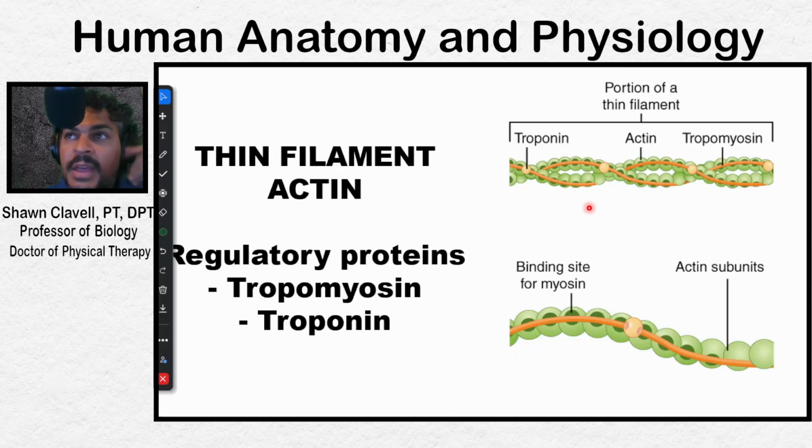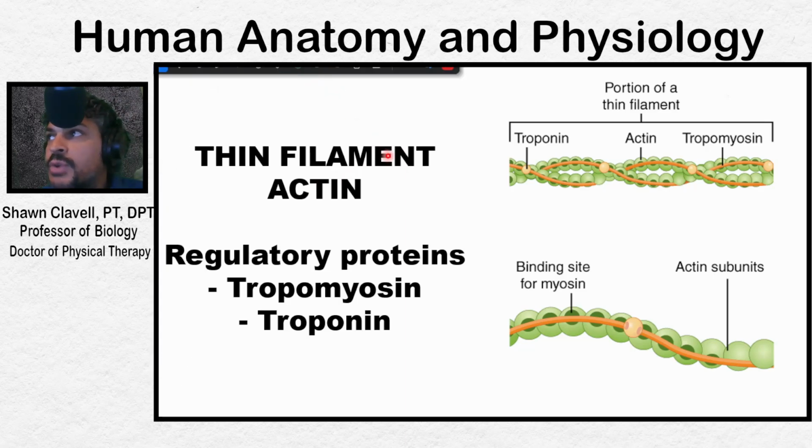Then we have the thin filament actin. Now, attached to actin are two regulatory proteins. Those regulatory proteins are tropomyosin. Now, tropomyosin is a long strand of protein that runs all the way across the actin and actually covers the binding site for myosin.